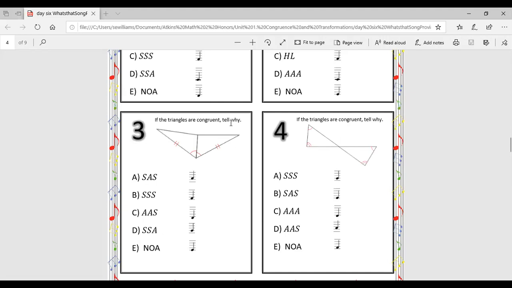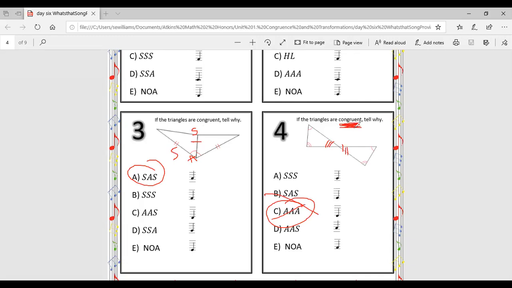Okay, number 3 looks like most people are getting that one right. Side, angle, side, because you can mark that. Number 4, you can mark vertical angles. A lot of you chose angle, angle, angle, but that's never an answer for are they congruent.